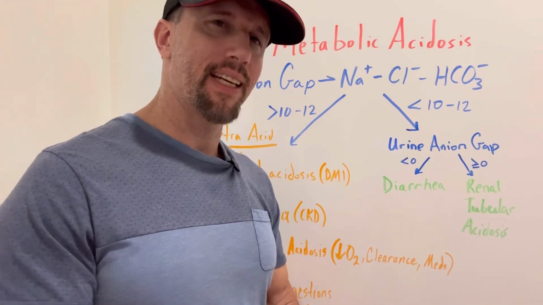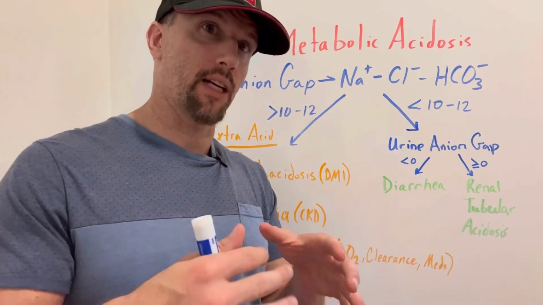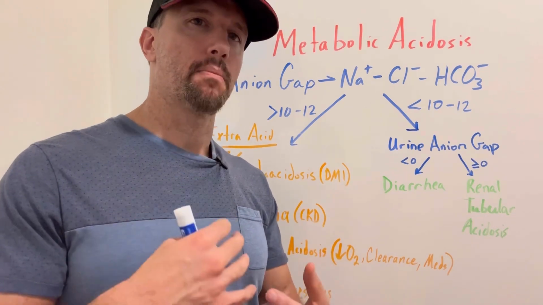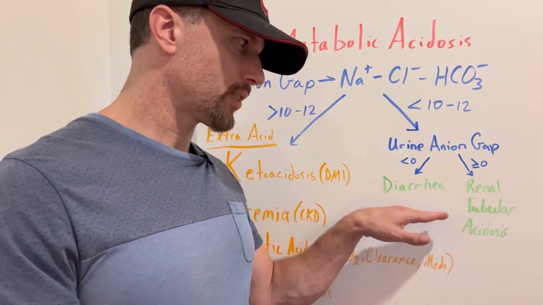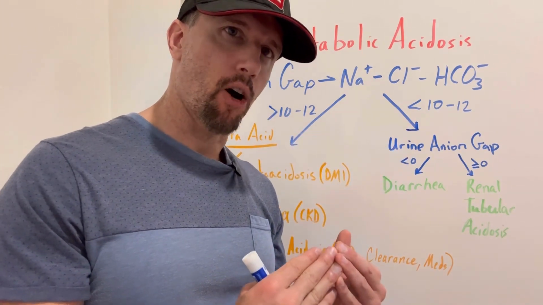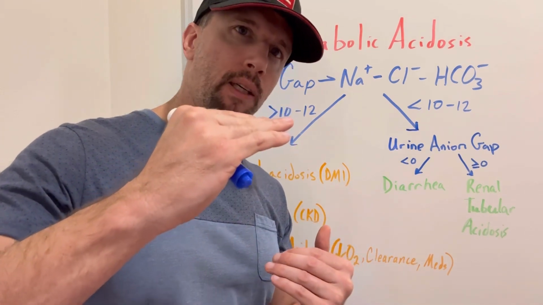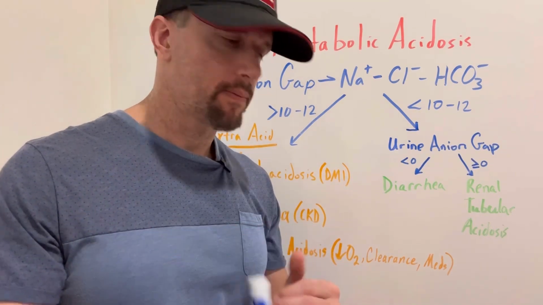If our actual cells are dying in our nephrons, then we're not as efficient at bringing that bicarb back. So that's another place where our body's causing a loss of bicarbonate. In response to that, the chloride will rise up and make it a non-anion gap metabolic acidosis.